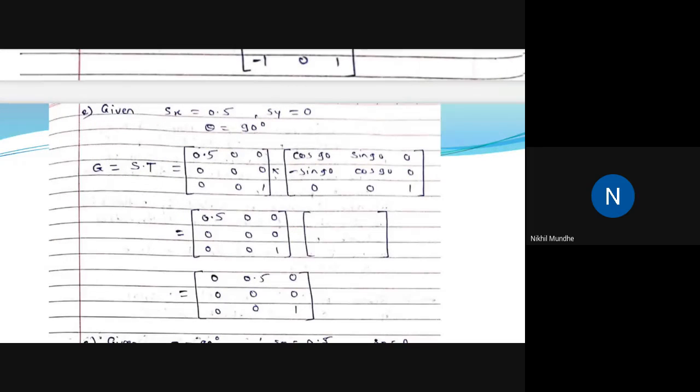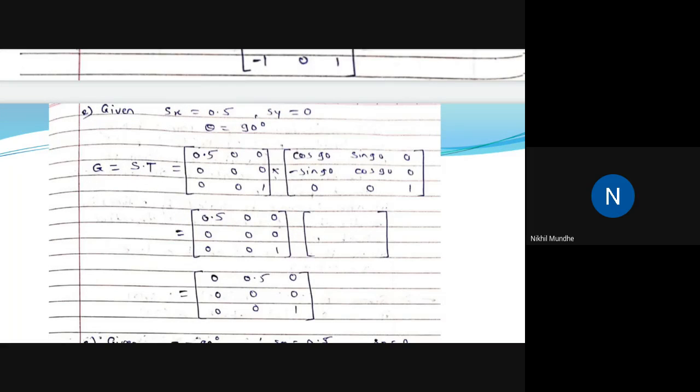Now I have taken a blank matrix here for your assignment. Write down these values here, and after multiplication you will get the final answer. Now is it clear? Second statement done. We will move to the next problem. After multiplication, this is our final answer.